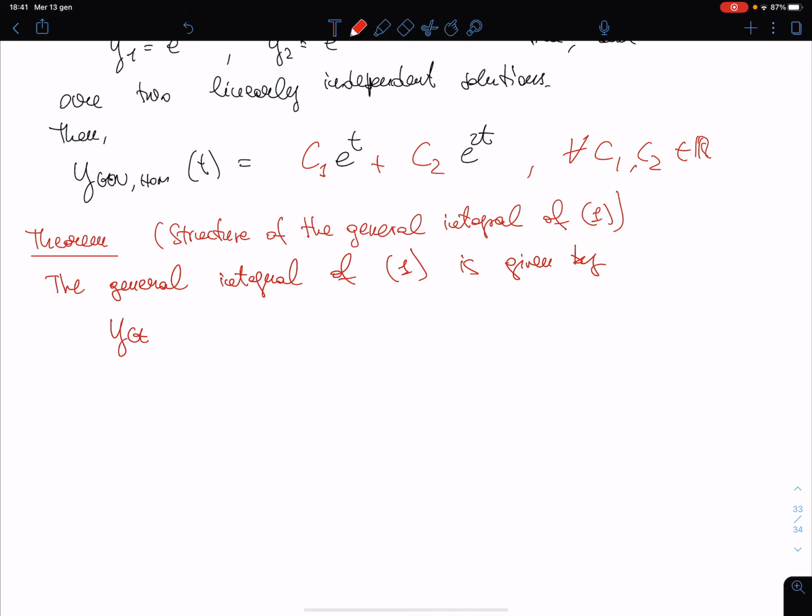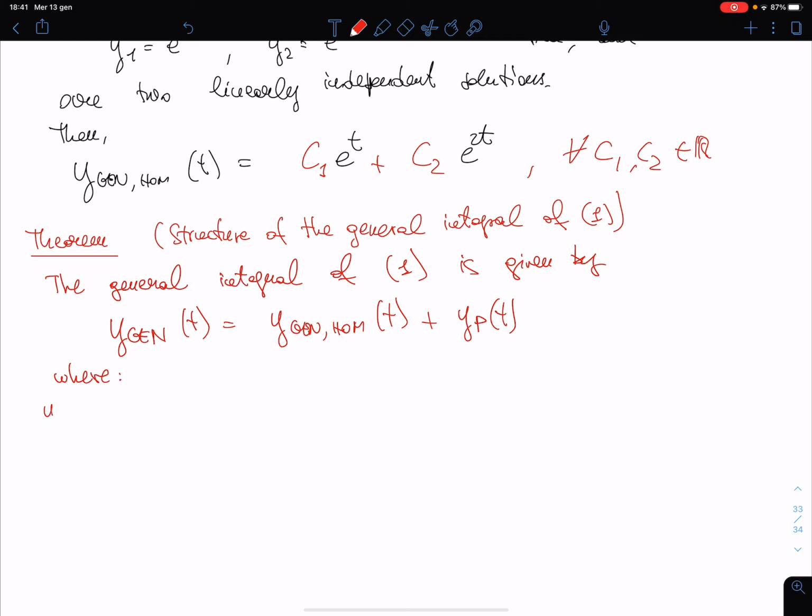y gen of t is equal to the general integral of the associated homogeneous equation, with 0 instead of the source, plus yp of t. And what are these symbols?